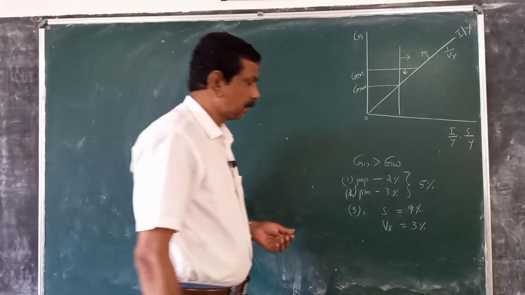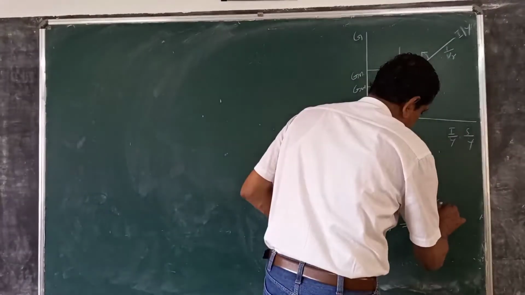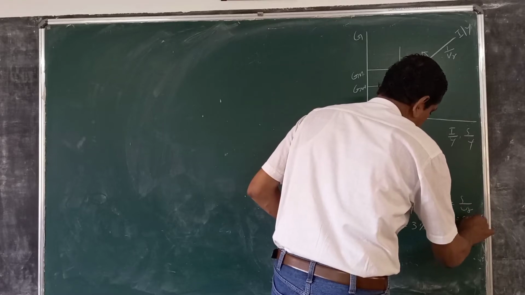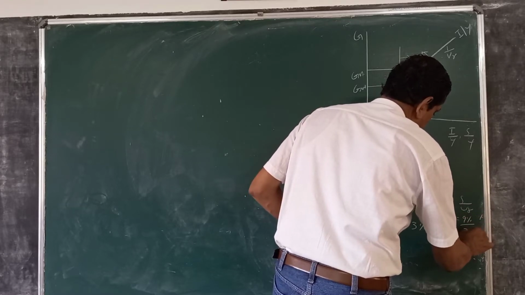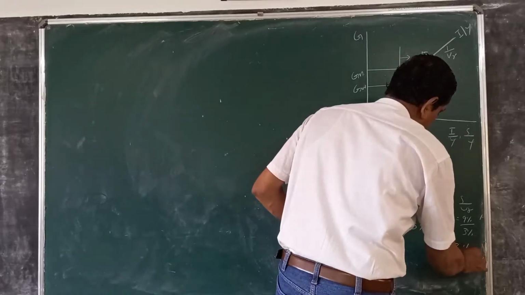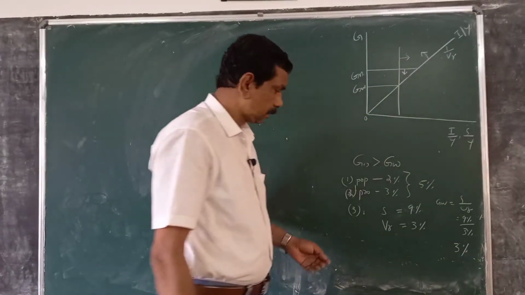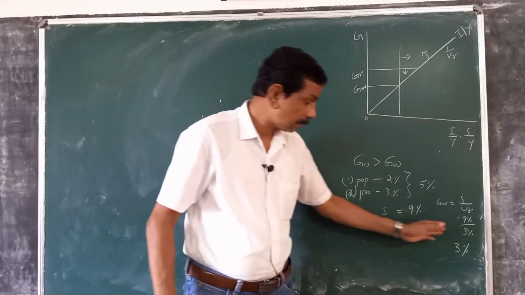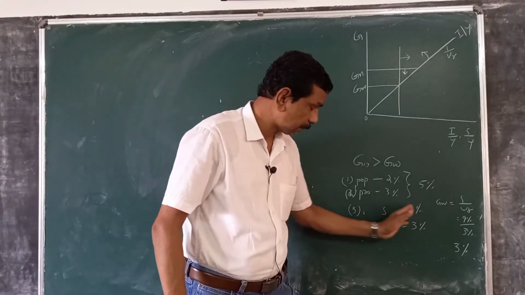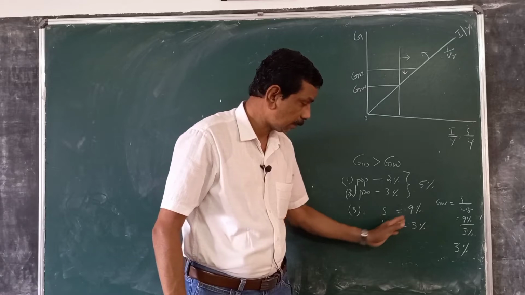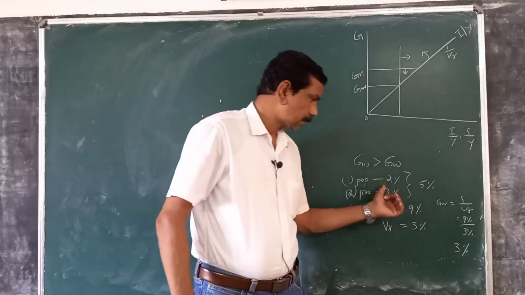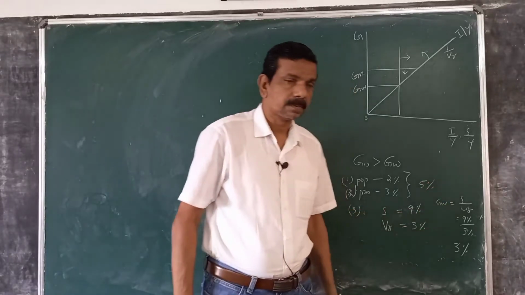Then GW is equal to S by VR, which is 9% by 3, that is 3%. So the desired growth rate is 3%. GW is 3% if the saving income ratio is 9% and the desired capital output ratio is 3. But the natural growth rate is 5%.